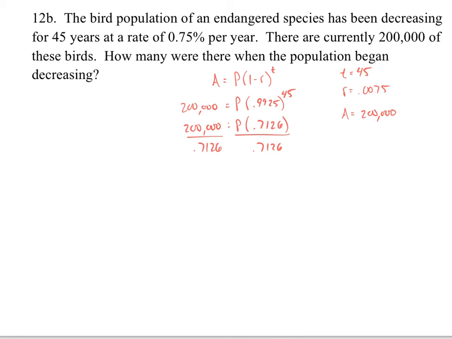So if we do 200,000 divided by that number, we will get 280,644.67, and again, we can't have 0.67 of a bird, so P would equal 280,644 birds.